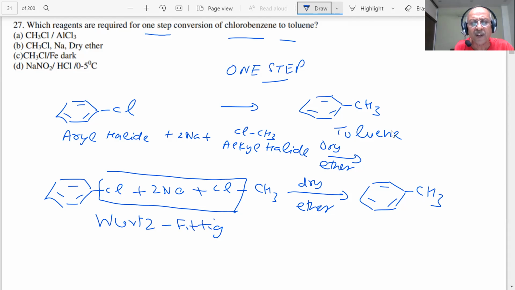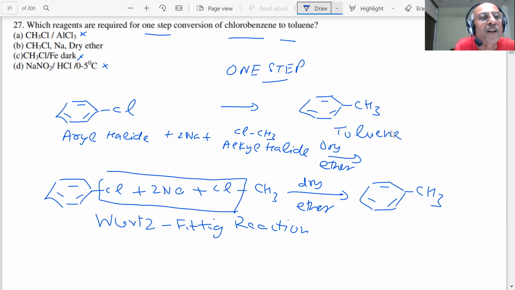An important point to note is that you have studied three such reactions: the Wurtz reaction, the Wurtz-Fittig reaction, and the Fittig reaction. They are important for the coming examination. In this question, it asks which reagent is required for one step. This is a one-step reaction for the conversion of chlorobenzene to toluene. What will be the correct answer for question number 27, which is already on the screen? No, this is the Friedel-Crafts reaction. No, this is not there.